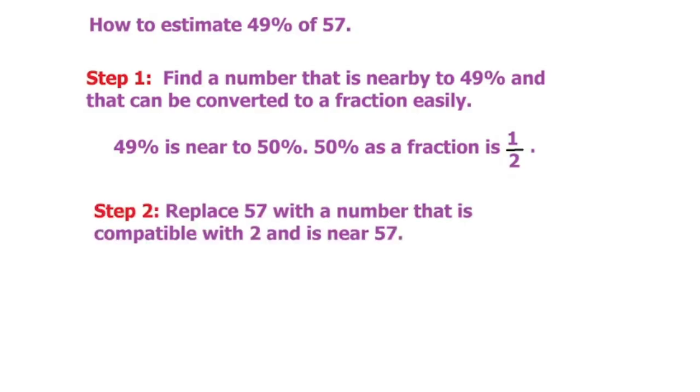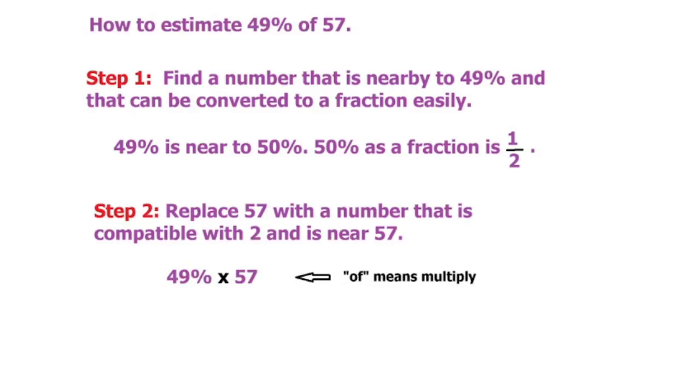The next step now is to replace 57 with a number that is compatible with 2 and is near 57. So we want something that is compatible with 2 because our denominator here is 2. So we want something that we could easily divide by 2.